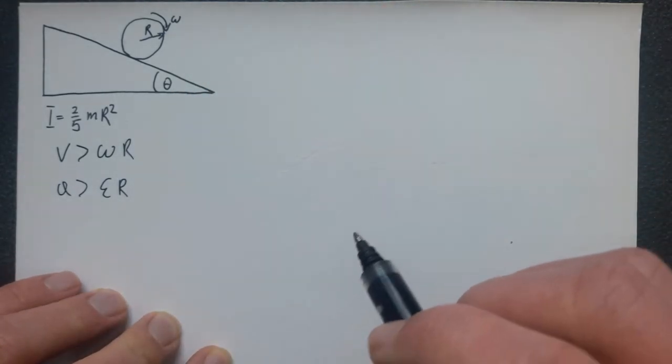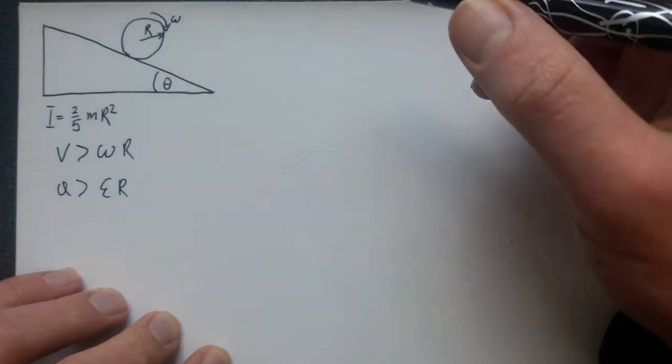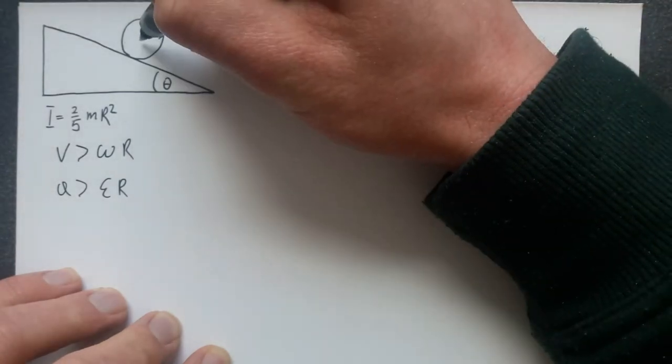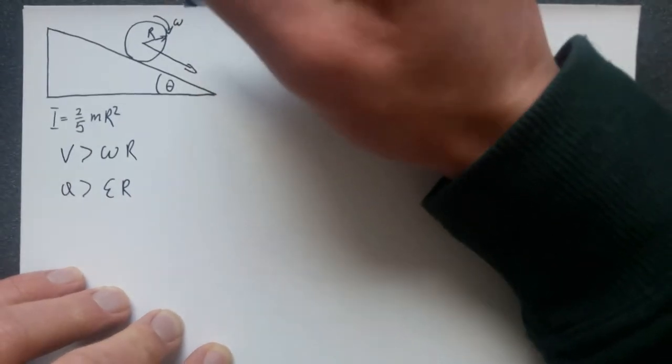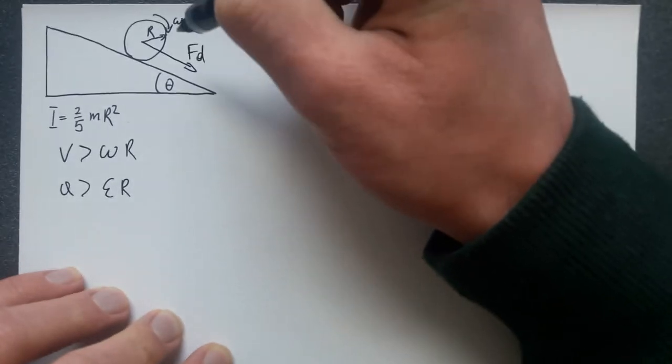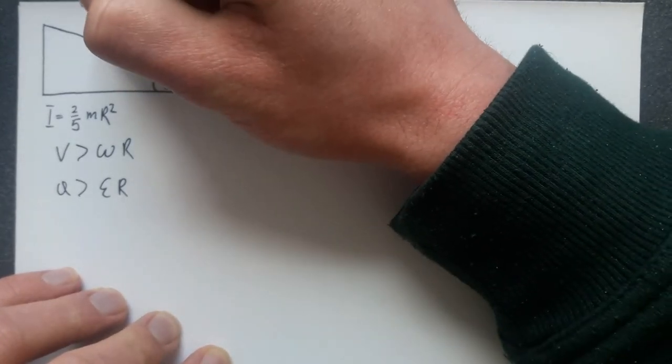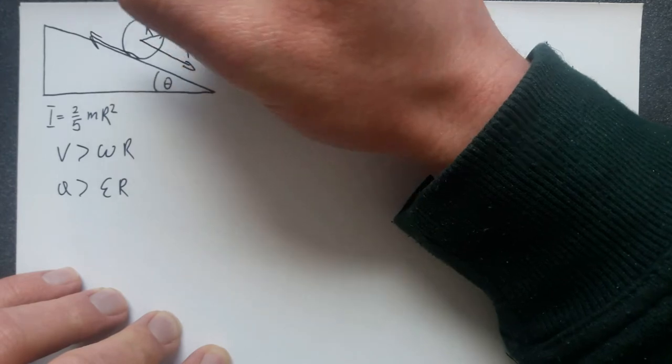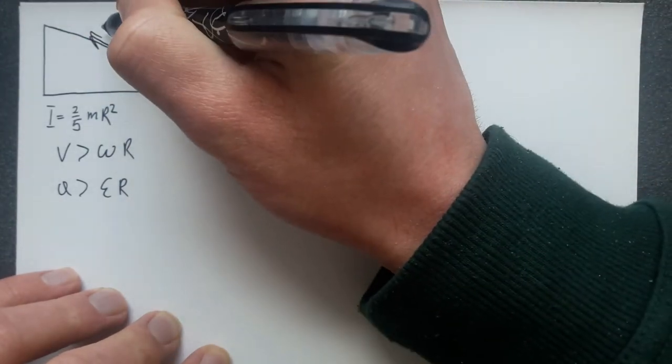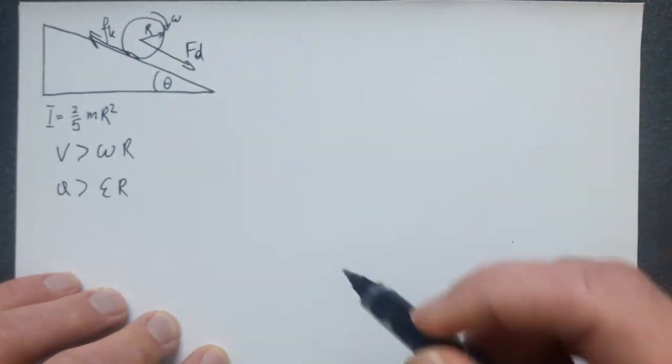And now let's discuss some forces acting on the ball. We have a component of weight that's pushing downwards. I will call it Fd. And we have a frictional force. In the case of slipping, it's a force of kinetic friction, Fk.